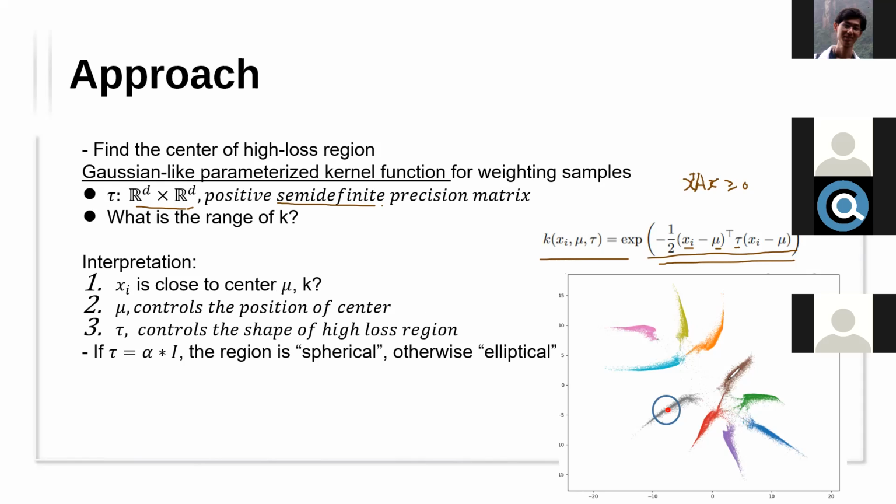So basically, mu controls the position of the center, and tau controls the shape of the high loss region. And if tau is equal to an identity matrix, then the region is spherical, otherwise elliptical.